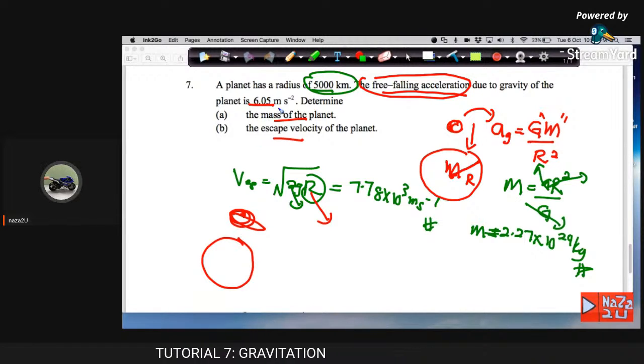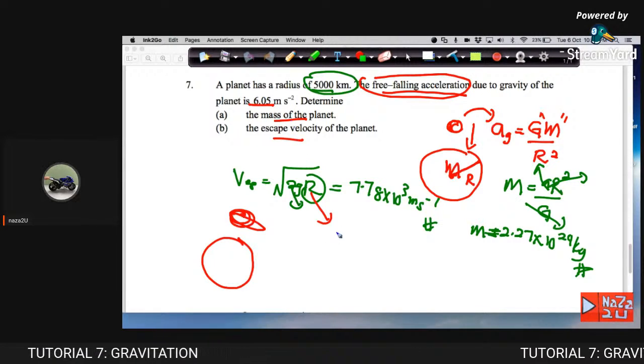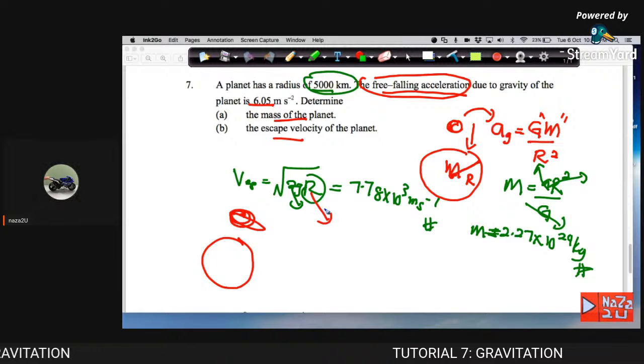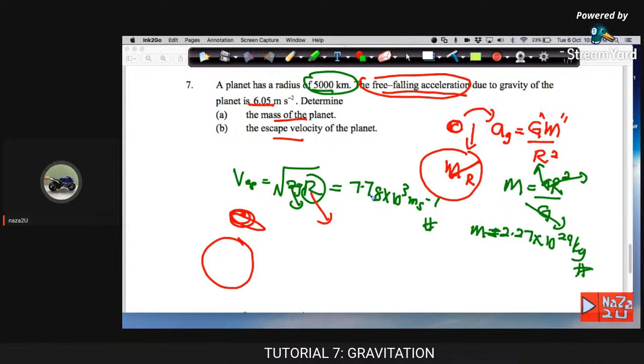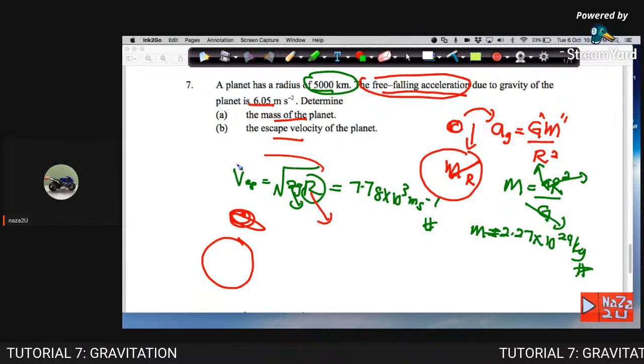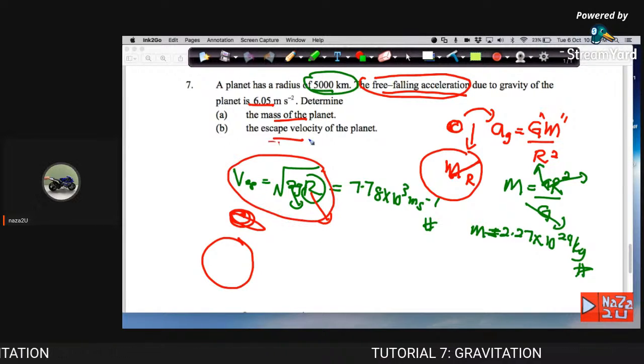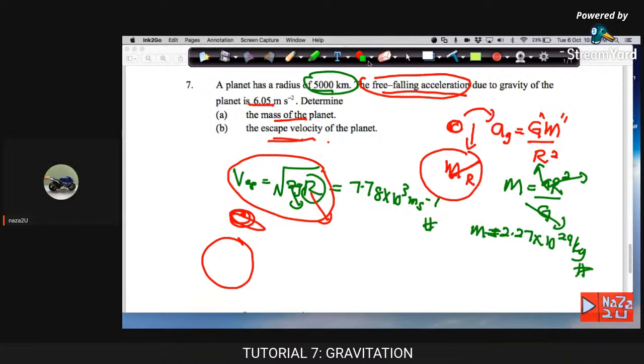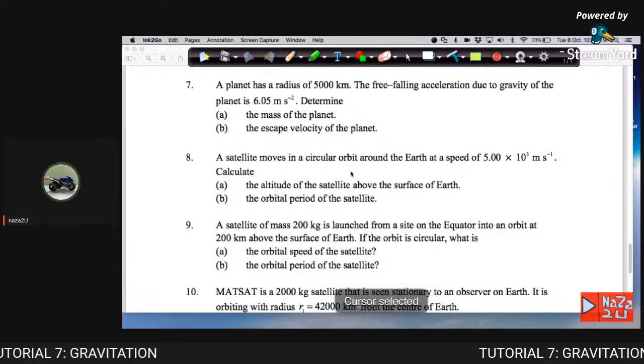This is not a satellite, this is escape velocity. So the r here, radius is 5,000. So we have 7.78 exponent 3 meter per second. You calculate this value first to get the escape velocity here. So that finishes number 7, continue to number 8.